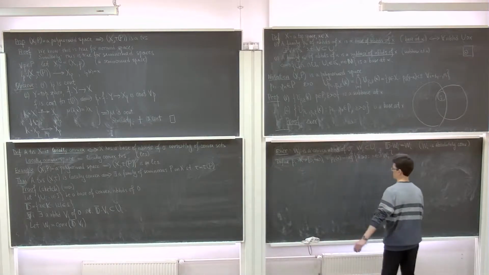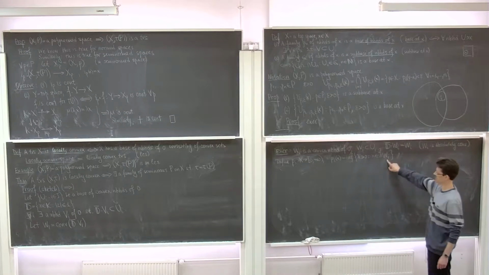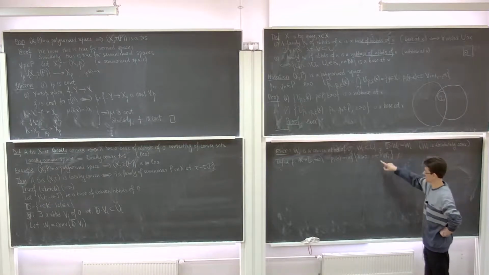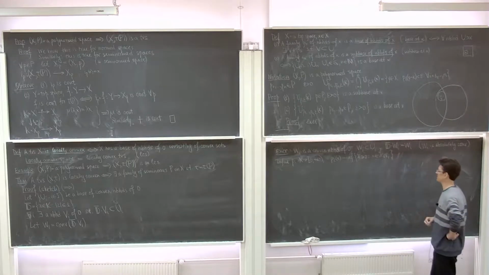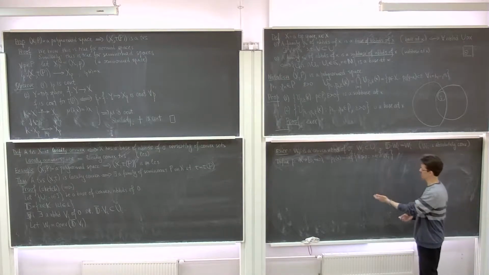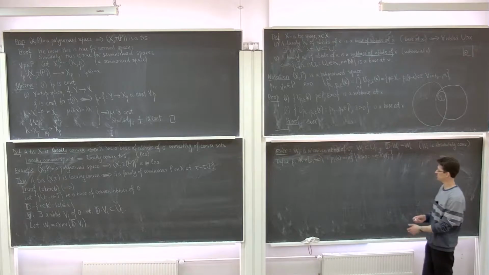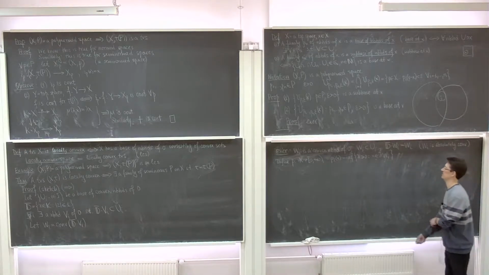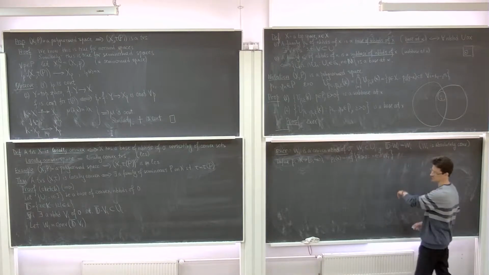By the way, let's observe that such lambda always exists because the multiplication by scalars is continuous, and Wi is a neighborhood of 0. So this implies that if lambda is big enough, x over lambda will be in Wi. So if lambda is big enough, then 1 over lambda is small enough, and we have this inclusion.